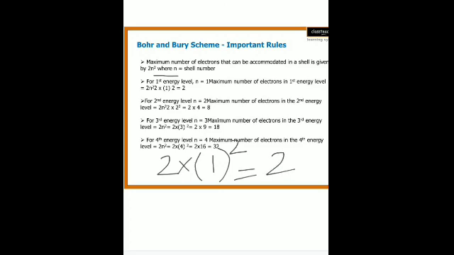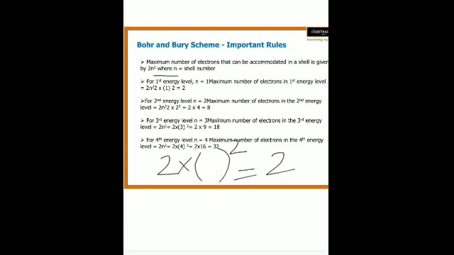So a maximum of 2 electrons can fit in the first shell. It can be 1, but it cannot be more than 2. The maximum number is 2 only. Is it clear?